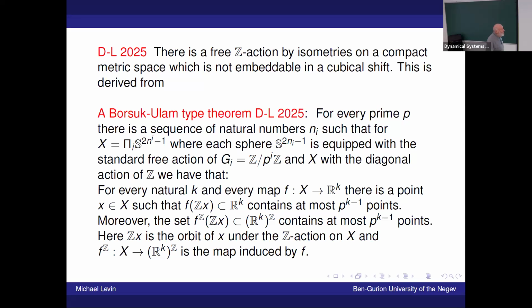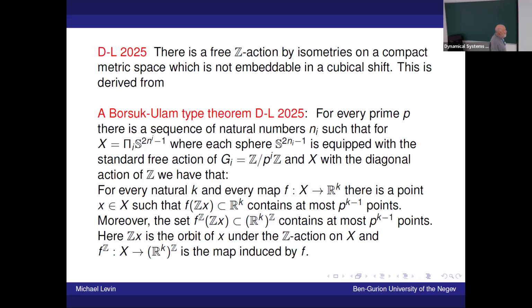And this immediately follows from the following Borsuk-Ulam type theorem. So here is the wording of the theorem. P is a prime number.